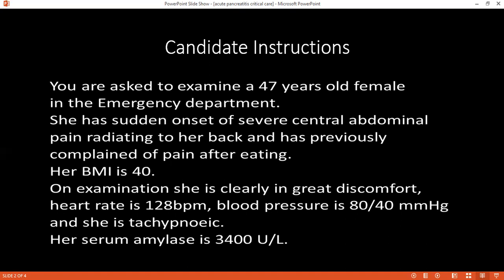Can you please tell me why this patient is tachypnic? This patient is tachypnic because of the pseudocyst mainly. Can you explain the mechanism? How is it causing pressure? Sorry, can you explain the mechanism, how this tachypnea is taking place?